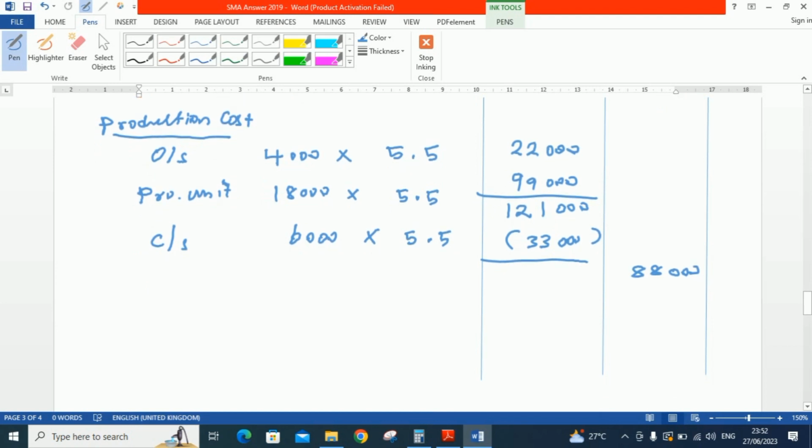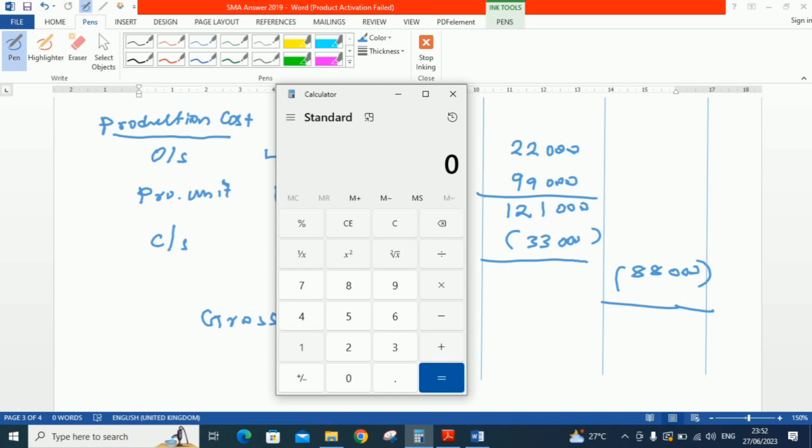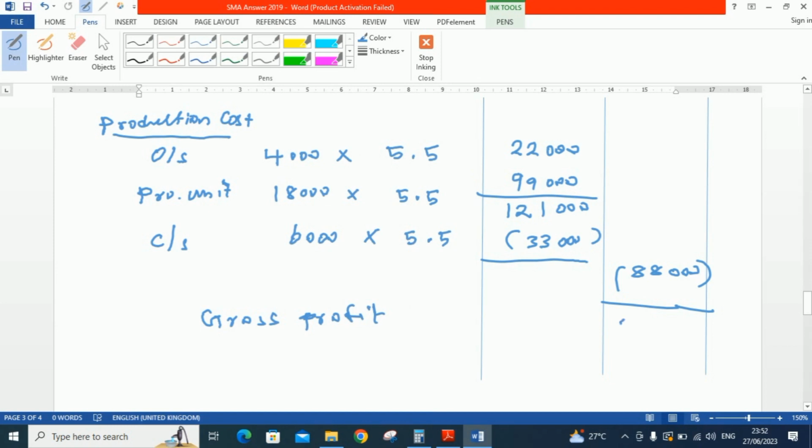So 88,000 should be deducted from sales. It's called gross profit. 112,000 minus 88,000, 24,000.